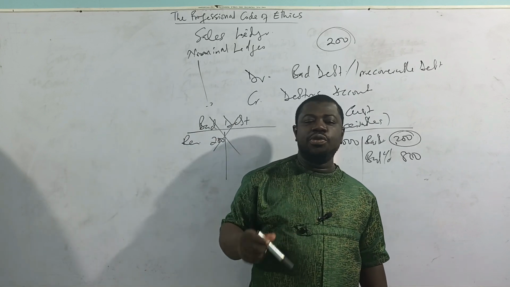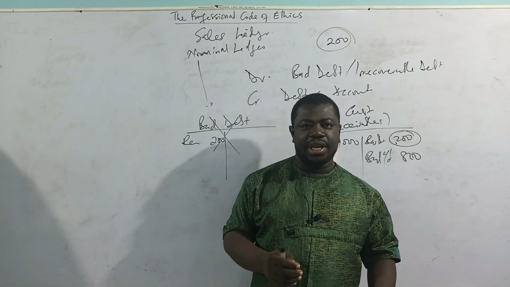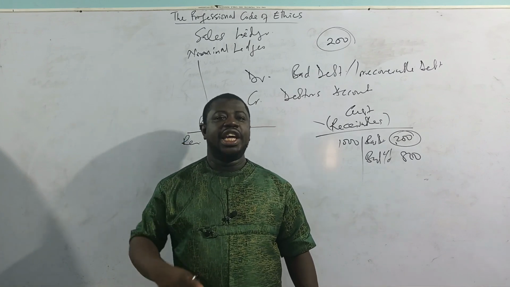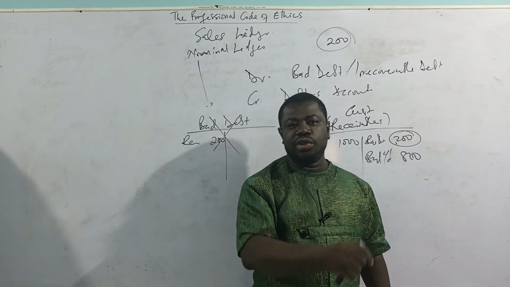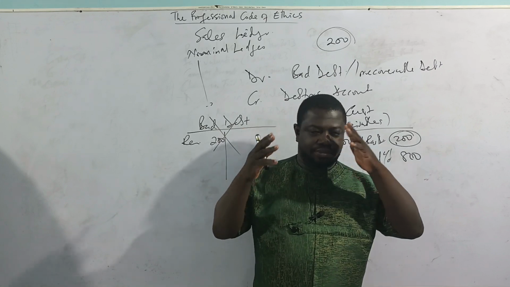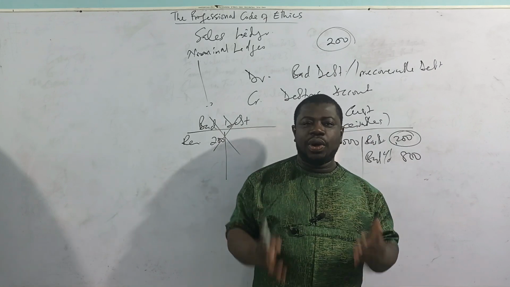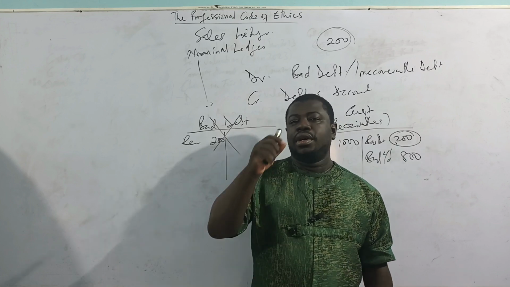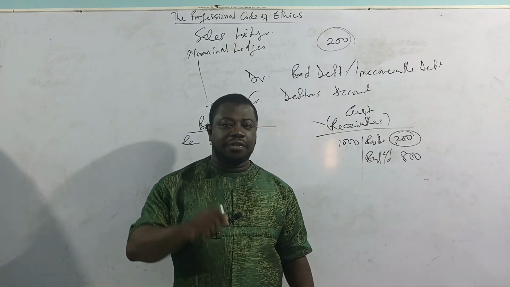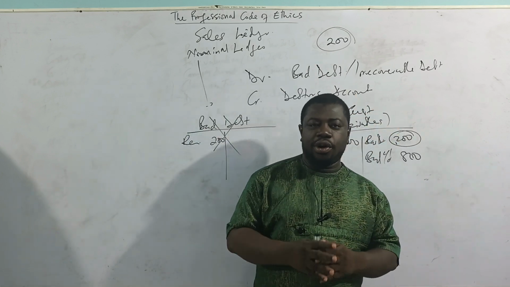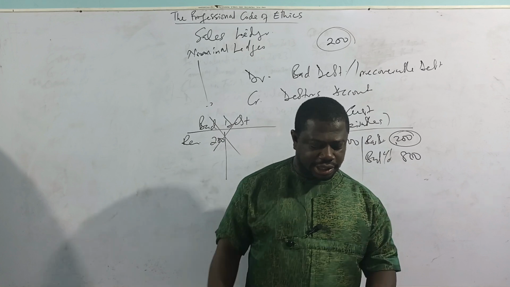Now, in that case, you may be faced with another ethical dilemma, because it's likely that if it is something fishy he's doing, he can attempt to bribe you or do something. So in that case, you also be faced with another dilemma to act with integrity and professionalism. Now, after warning him that you want to inform them, if he still does not agree, you go ahead to inform the audit committee. And then let's look at another step that you can take.